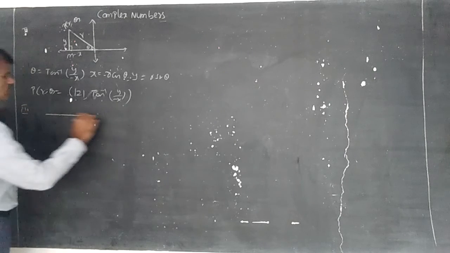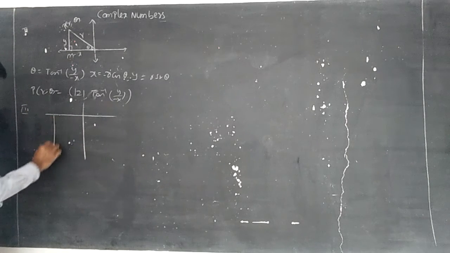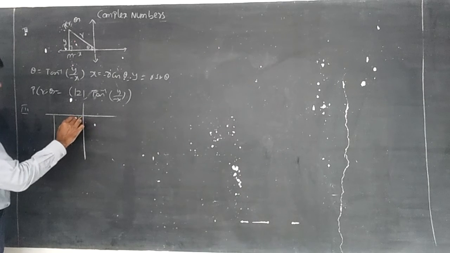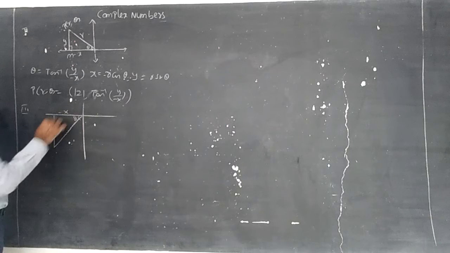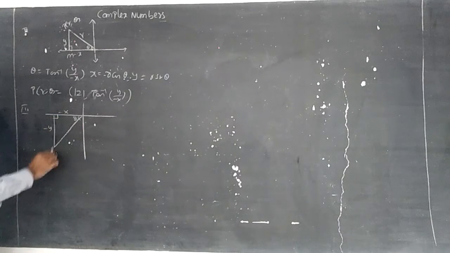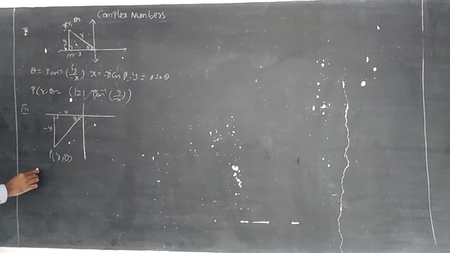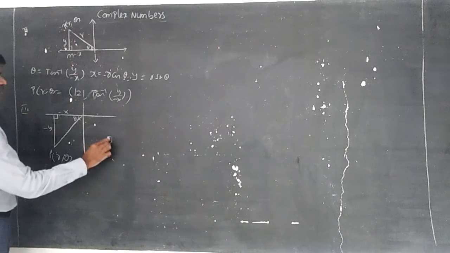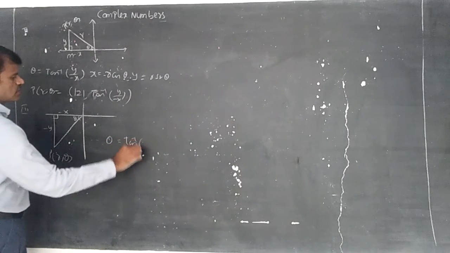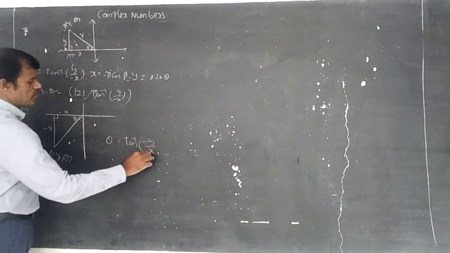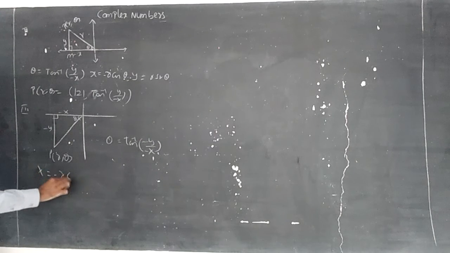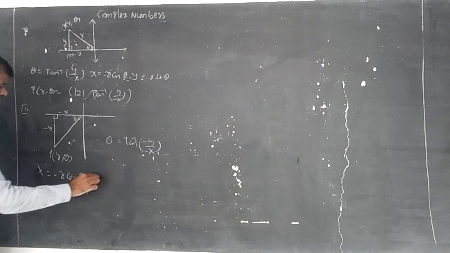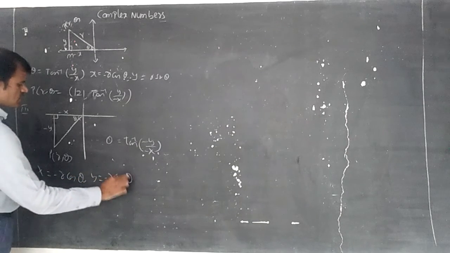Third quadrant, draw the diagram like this. Put here theta. This is minus y, this is minus x. So what is happening here? Put P(r, theta). So r comma theta, here theta is equal to, you can write, tan inverse of minus y by minus x, as x is equal to minus r cos theta and y is equal to minus r sin theta.